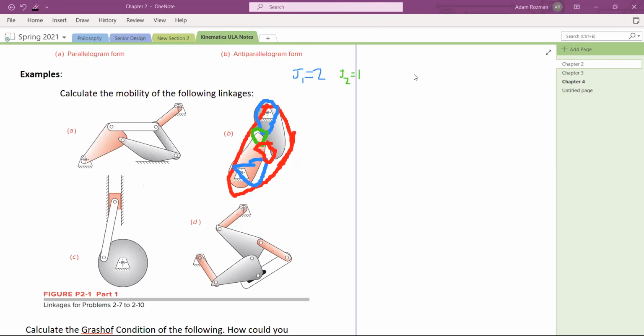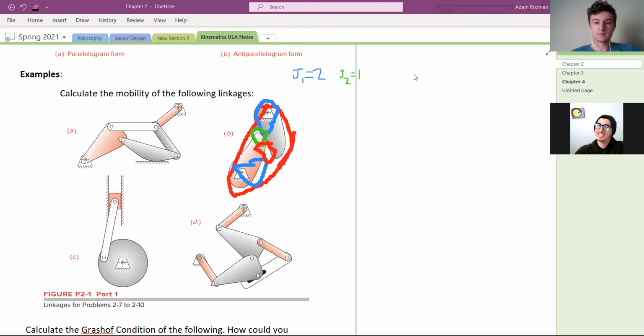Then we have 3 times (3 minus 1), minus 2, minus 2, minus 1, gives us 6 minus 4 minus 1, which equals 1 degree of freedom, or a mobility of 1. Correct. All right. Very good.